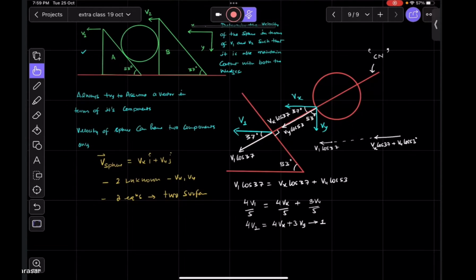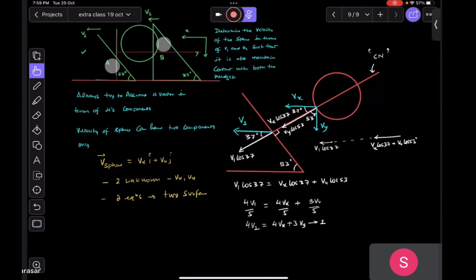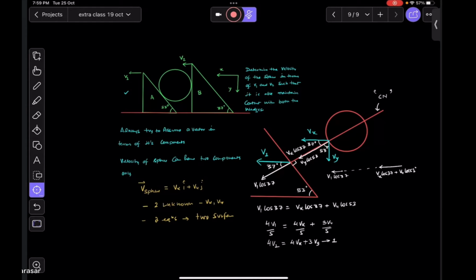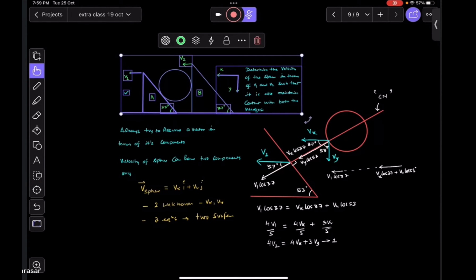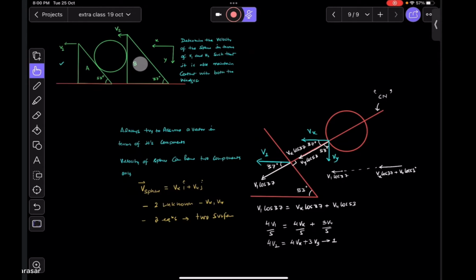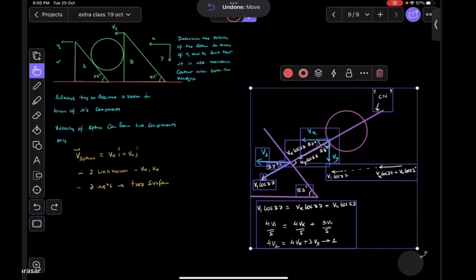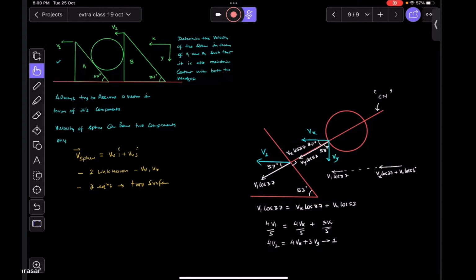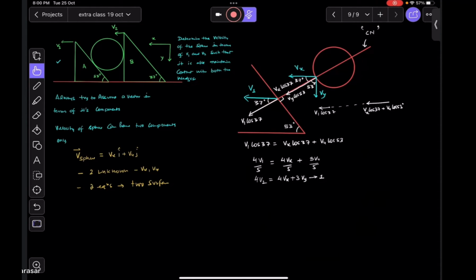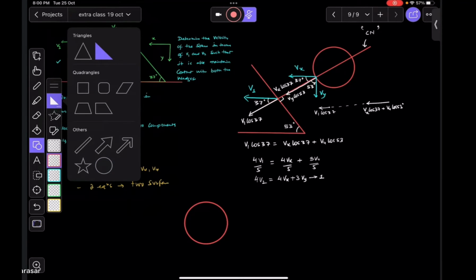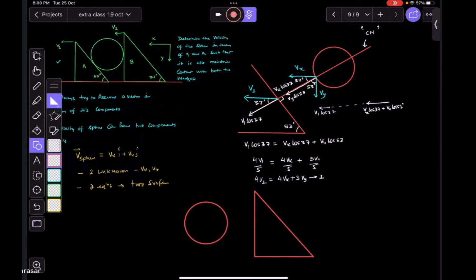Okay, for the other surface also I'll draw here only. Now this is our sphere and this is our wedge B. Now what will be the common normal?